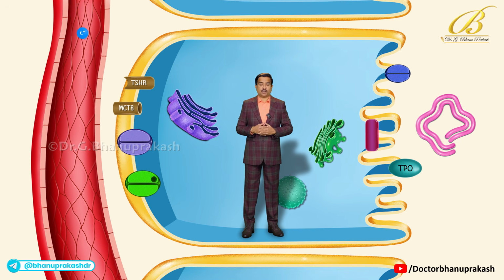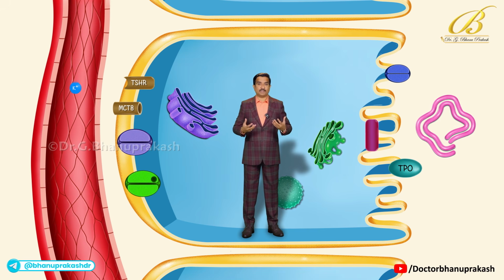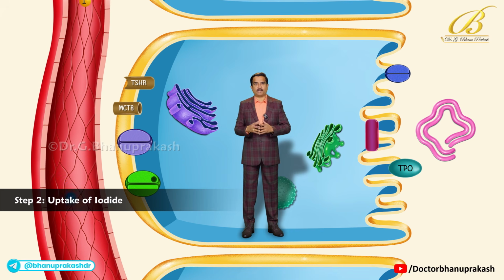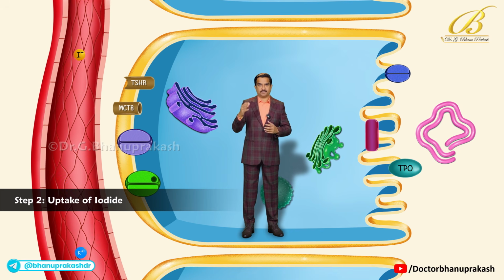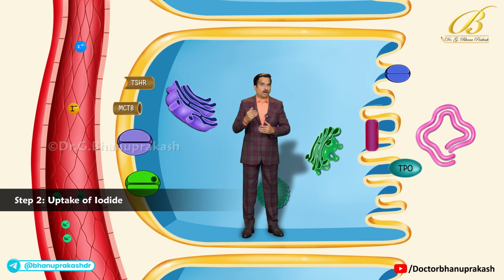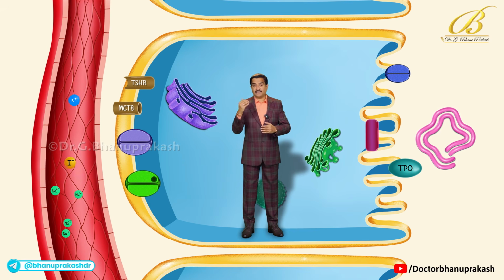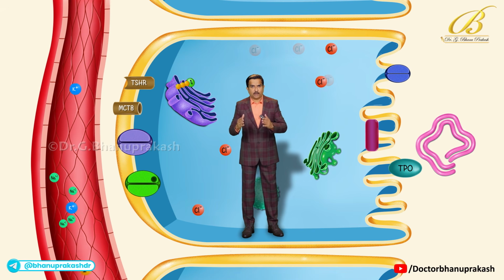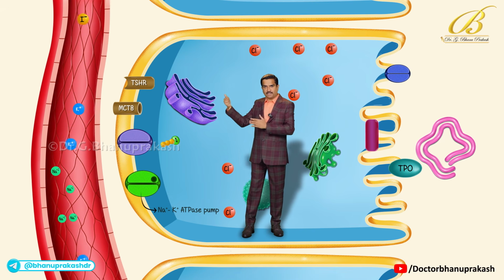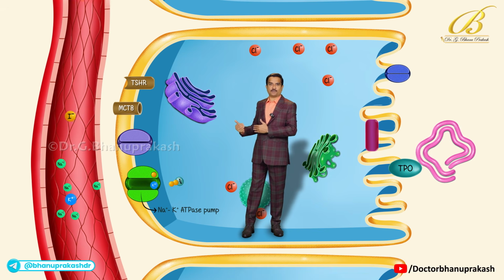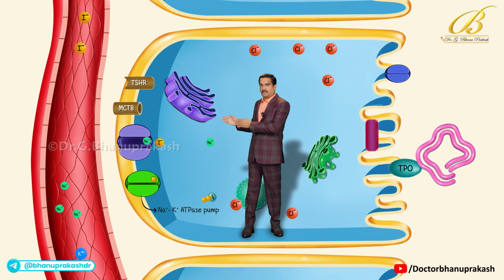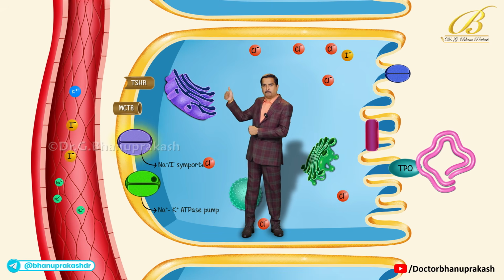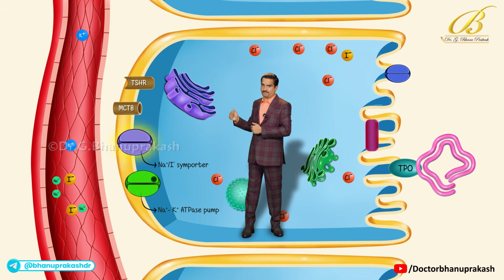After step 1, you have understood very clearly with a graphical representation. Now step 2, where we talk about the uptake of iodide. Next, what we need is the iodide, and this iodide is the raw material for the hormone synthesis. Iodide is transported from the blood into the thyrocyte by using a sodium-iodide symporter on the basolateral membrane.